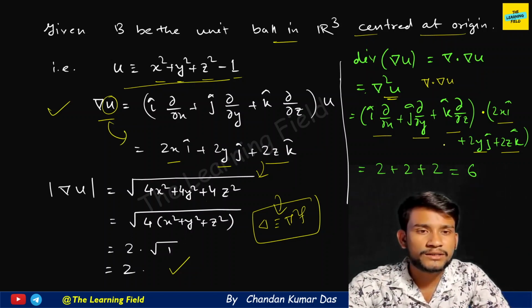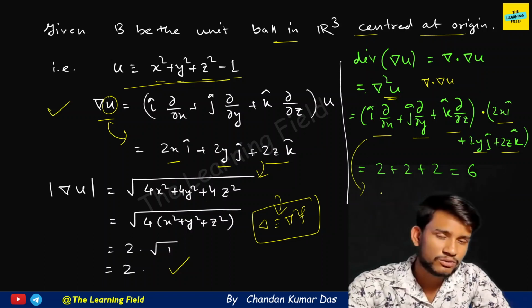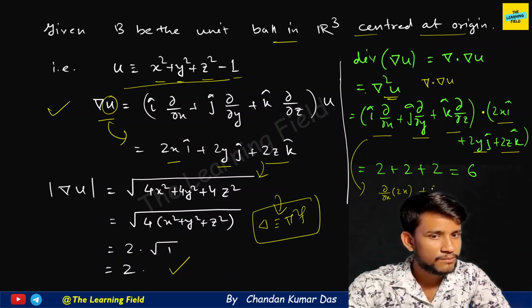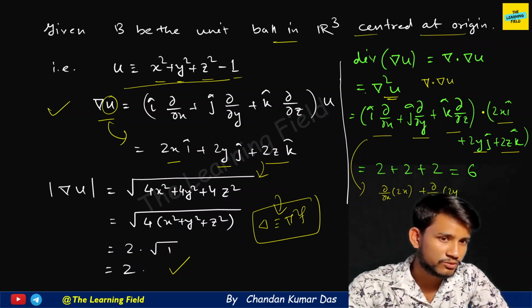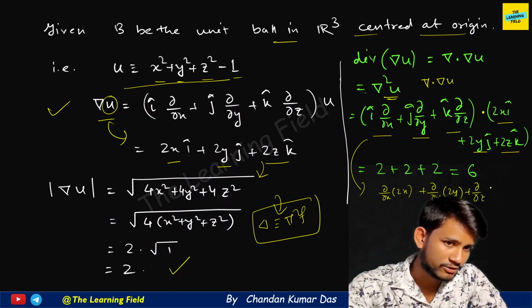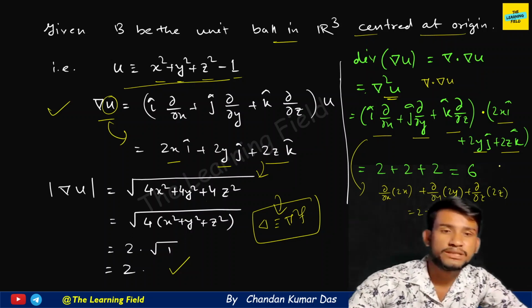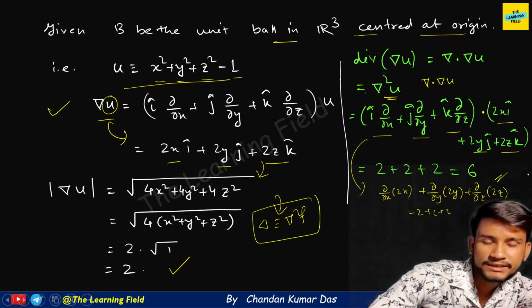And if we calculate, then we get i dot i means 1, therefore del del x of 2x, since i dot i equals 1, plus del del y of 2y plus del del z of 2z, which gives 2 plus 2 plus 2, which is equal to 6. I think you all see this.